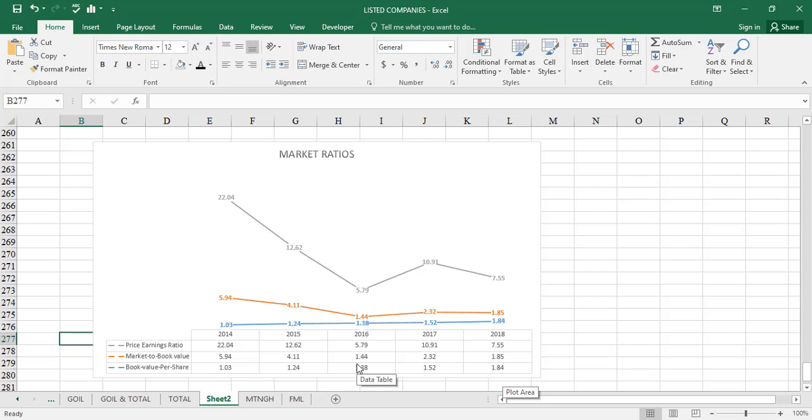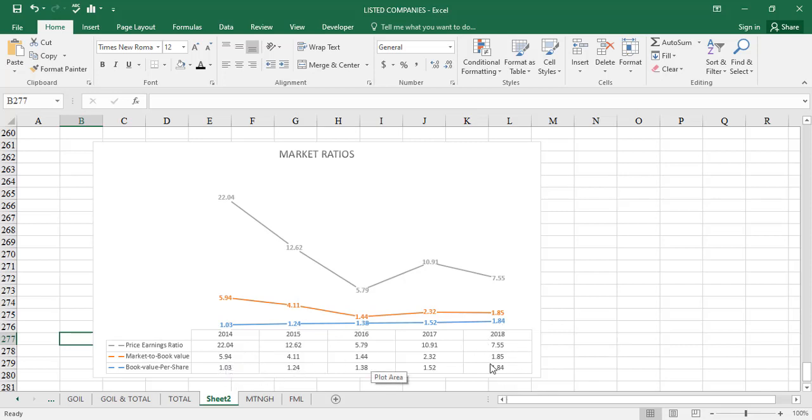Now pundits say that if the market to book value of the stock is less than the book value per share, then it means that the market does not value the stock as highly as it used to.